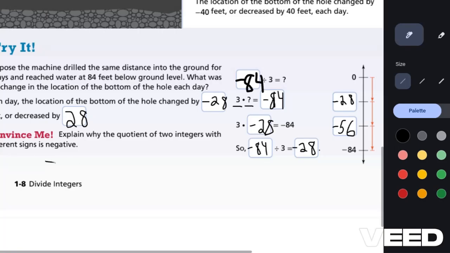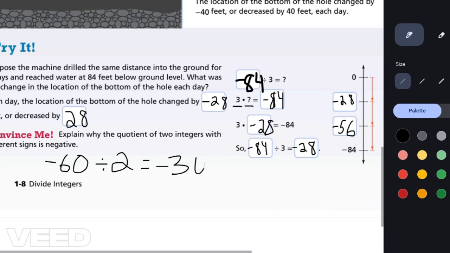Okay, now that you've had time to discuss it in your groups, let's talk about this. Let's say we had negative 60 divided by 2. We know this is going to be negative 30, but why is it negative? Well, think about it like this. Any division problem can be written as a multiplication problem.